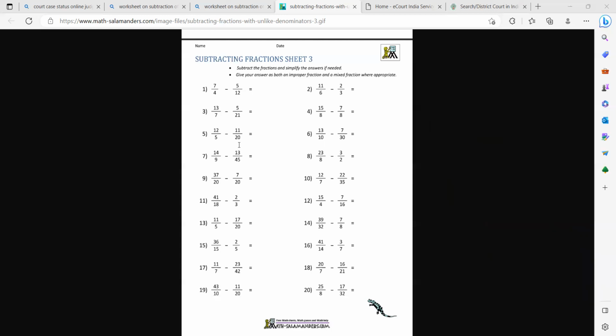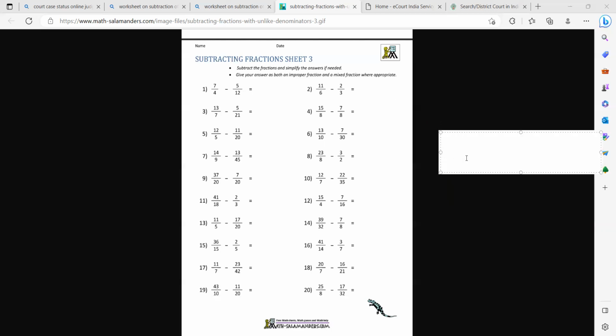Okay. So see, number 2, what is the LCM of 3 and 6? It will be 6. So we can write it as 6 into 1 is 6. We all know that. So 11 into 1 will be 11.